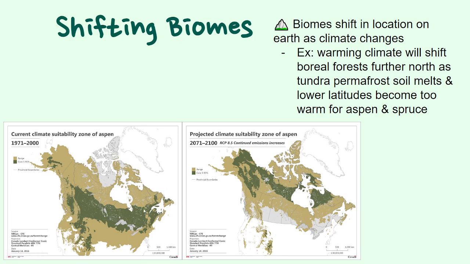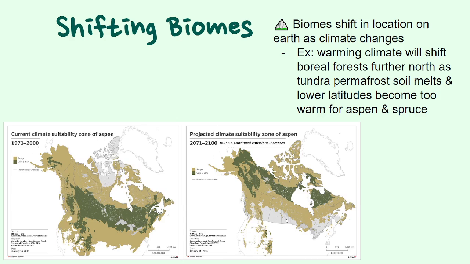But if you were to look at the projected movement of where the boreal forests are going to be found, they're going to be found much further north as climates in different areas get warmer. It's going to become too warm in the lower latitudes for those trees to survive, and it's possible they get outcompeted by other plant life and other trees, other vegetation that's more suited to those warmer climates.